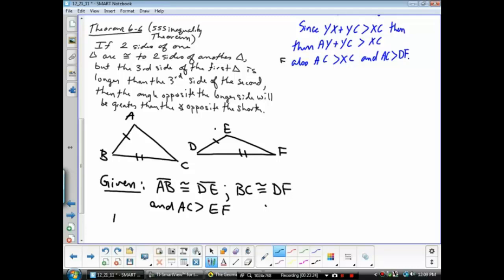What we want to prove then is that, in fact, the angle opposite the longer side, which would be angle B in this case, is greater than the angle opposite the shorter side, which would be angle D. So we're going to prove that angle B is greater than angle D.